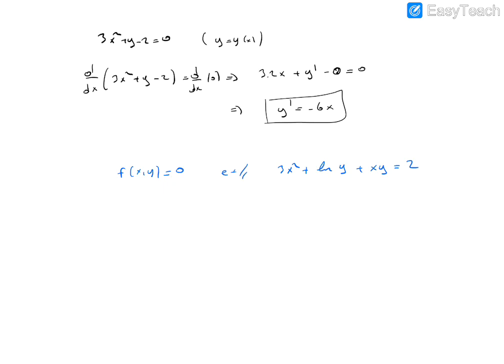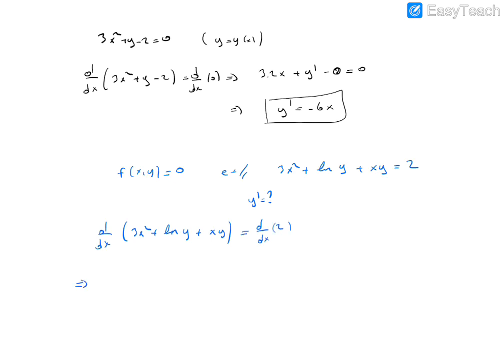Anyway, for this function, how can you calculate y prime? By differentiating both sides in terms of x, using the chain rule. Sometimes you may need other rules, product rule, quotient rule, etc.